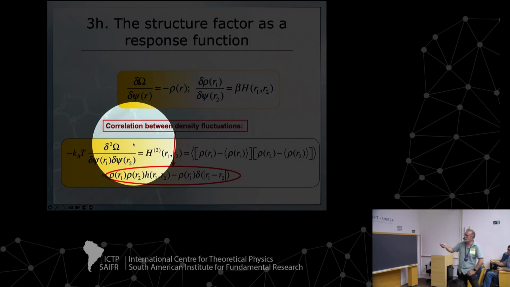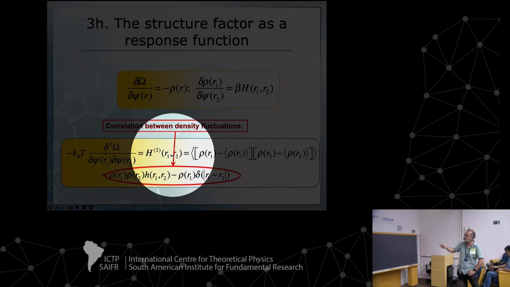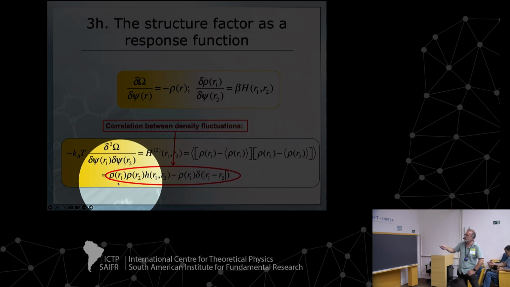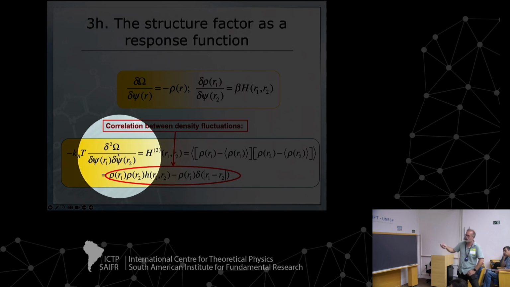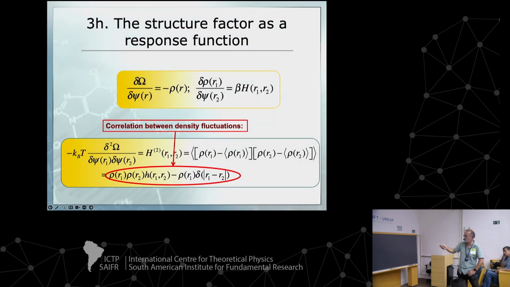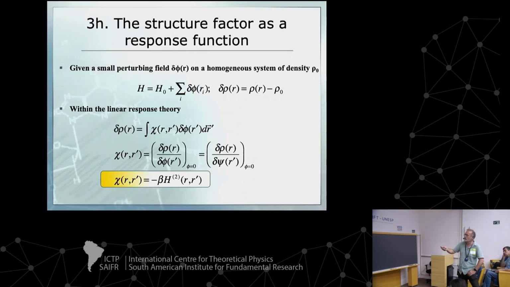If you perform two differentiations, you end up with h of r, that actually is this quantity. This quantity is the pair distribution function. Well, this is connecting once more thermodynamics and structure.